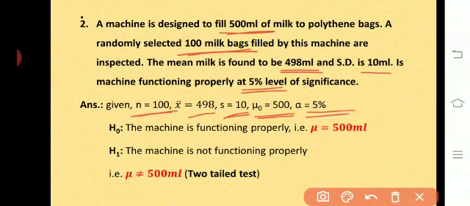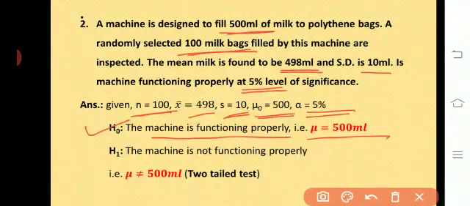Now based upon the question, we can write the null hypothesis H0, that the machine is functioning properly. We can say the machine is functioning properly if the average milk content in the polythene bag is equal to 500, so H0 is mu equal to 500.